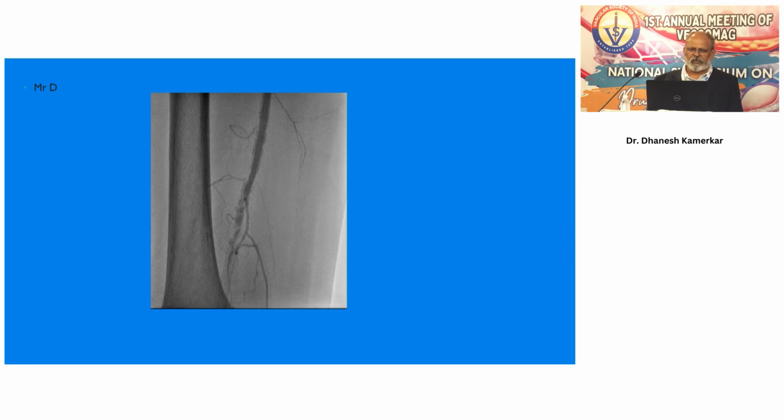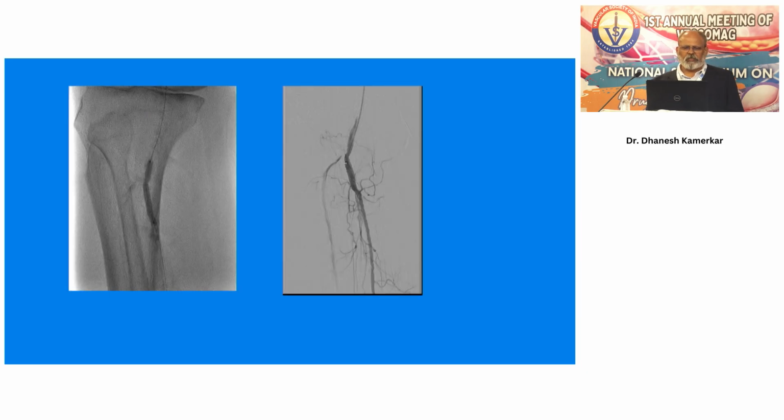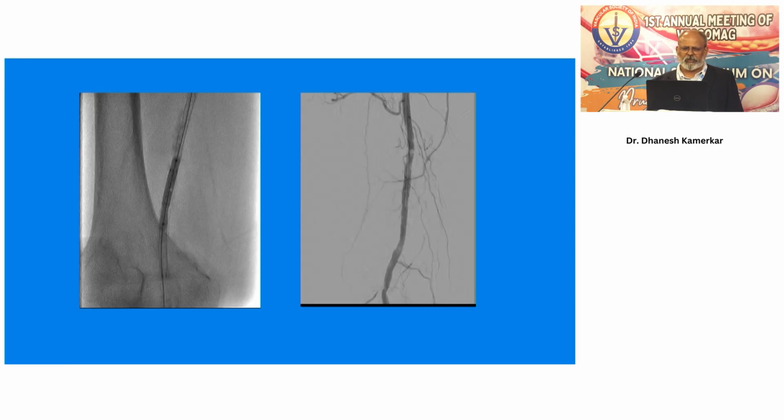Another example, again SFA disease. This was distal popliteal going into the TP trunk, and again we put a drug-eluting stent there and an SFA stent.